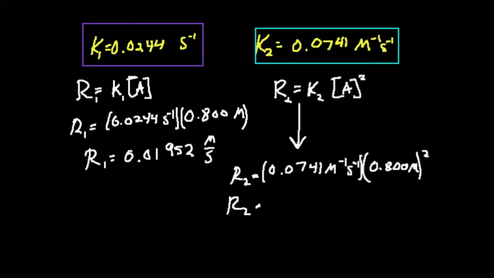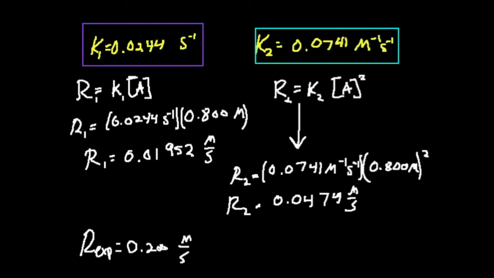So it's going to be 0.0741 times the quantity 0.8 squared. And I got that the rate here is about 0.0474 molar per second. Alright, what is the experimental rate? The experimental rate was 0.200 molar per second.